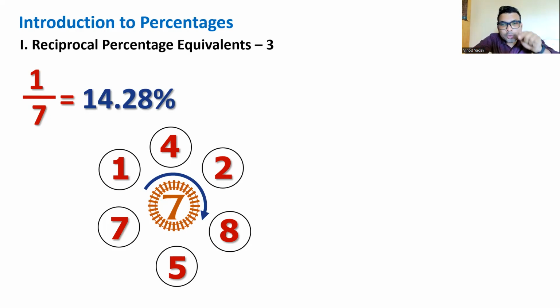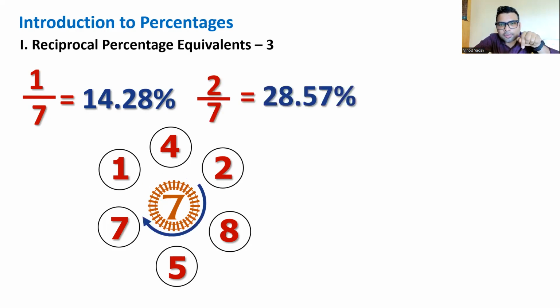So you will start from 2 in this sequence and take 4 digits. So 28.57%. So 2 by 7 is 28.57%. I repeat once again. So base was 14, double 28. Start from 2, 28.57%. All right. Getting it? Okay.